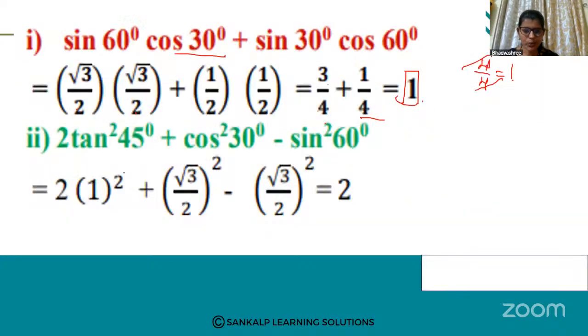So 1 square plus cos square 30 degree, root 3 by 2 whole square, minus sin 60 degree is root 3 by 2, whole square. 2 into 1 square is 2, plus root 3 square is 3 divided by 2 square is 4, minus root 3 square is 3 divided by 2 square is 4. 3 by 4 minus 3 by 4 will get cancelled. You will get 2.